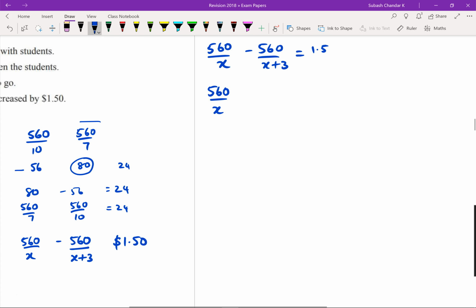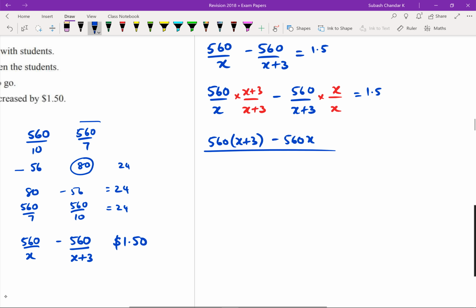I'm going to multiply the numerator by x plus 3 and the denominator by x plus 3, minus 560 over x plus 3 multiplied the numerator by x and the denominator by x, and all of this is equal to 1.5. So I've got 560 times x plus 3 minus 560x, and the whole thing is divided by x times x plus 3, and that's equal to 1.5.